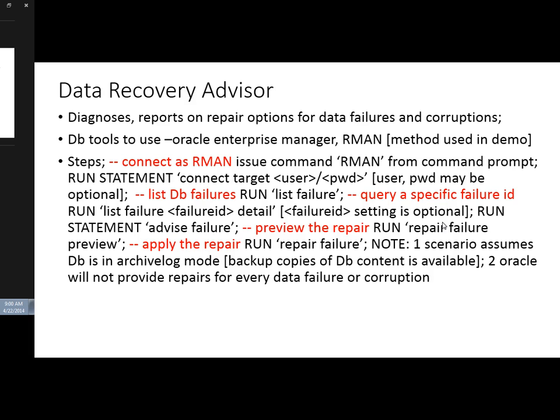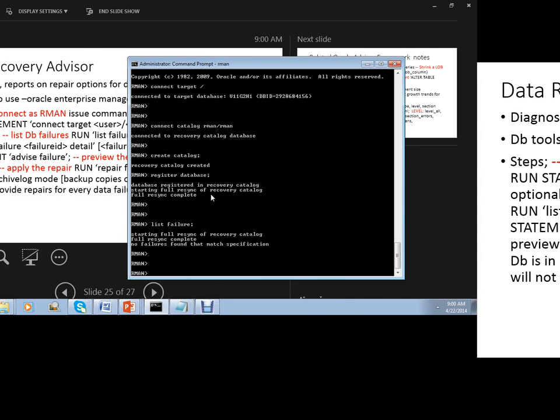It's only a preview. You're only looking at what's going to take place. And if you feel comfortable with that fix, then you can go into repair failure and make this fix permanent.